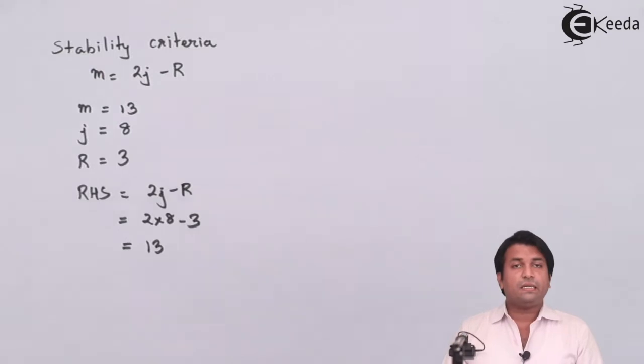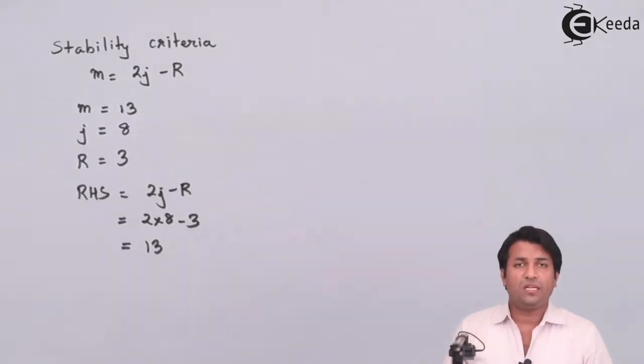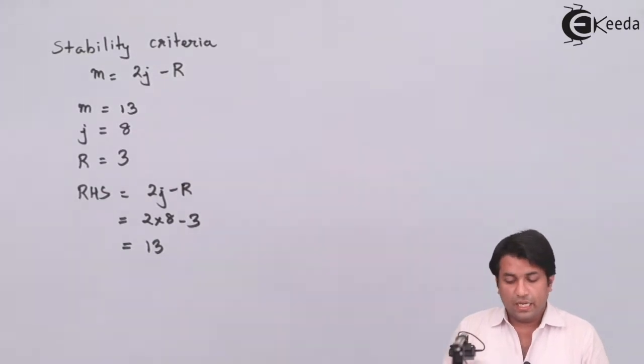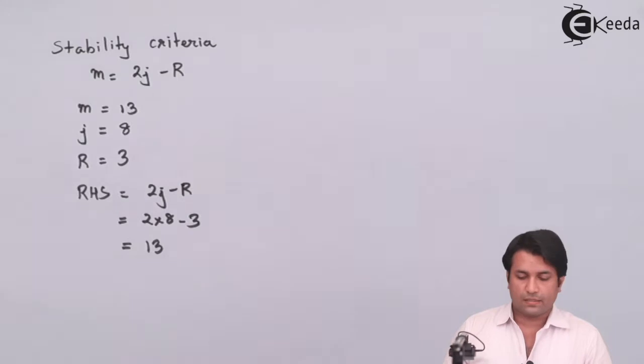We can see that my right hand side is equal to left hand side, that is the number of members, which is 13. I can conclude that the truss is a perfect truss.